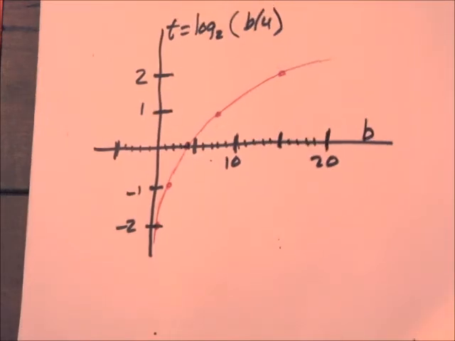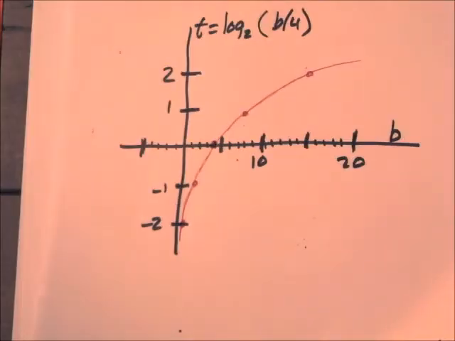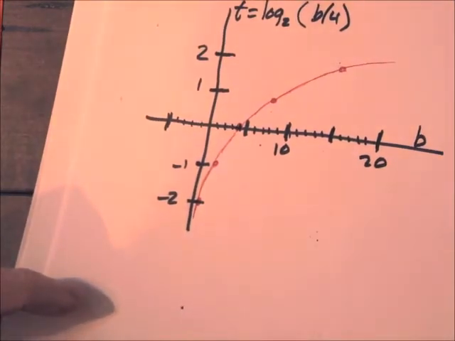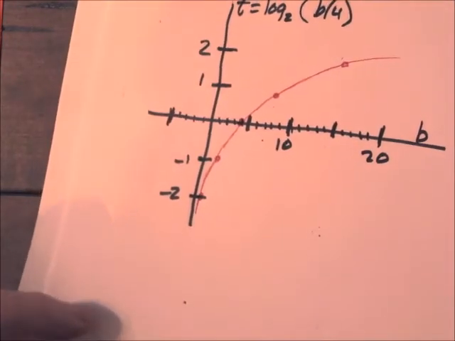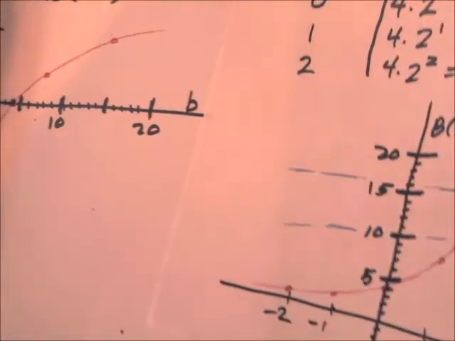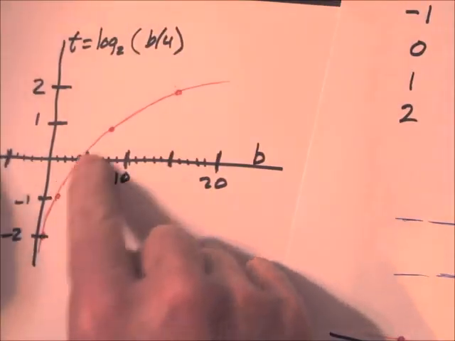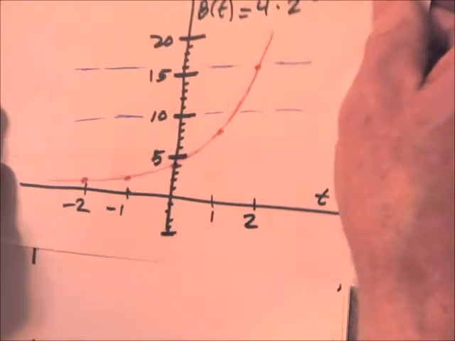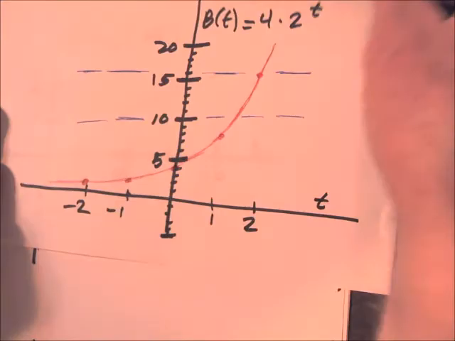Okay, so some things to notice about these graphs. Both of the functions are increasing. They go up as you go from left to right. Here's the log function. Here's the exponential function. They're both increasing.